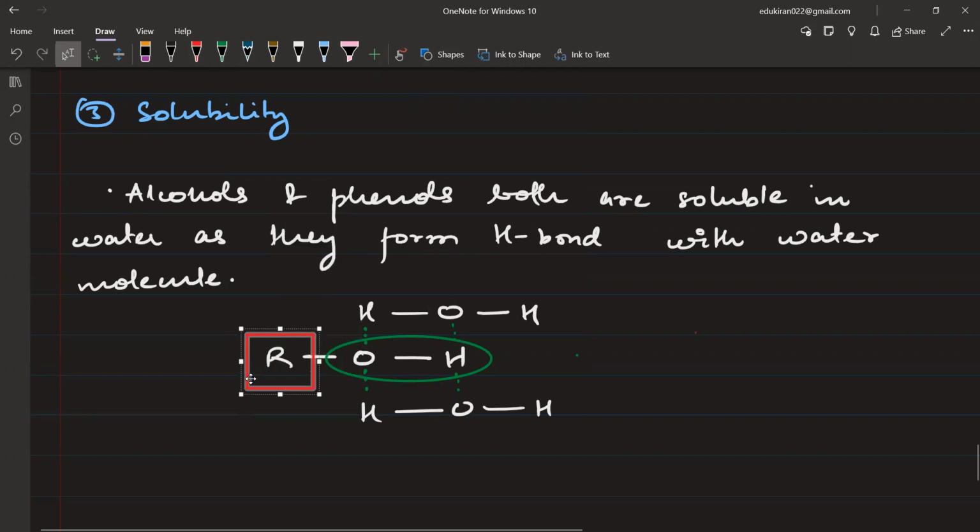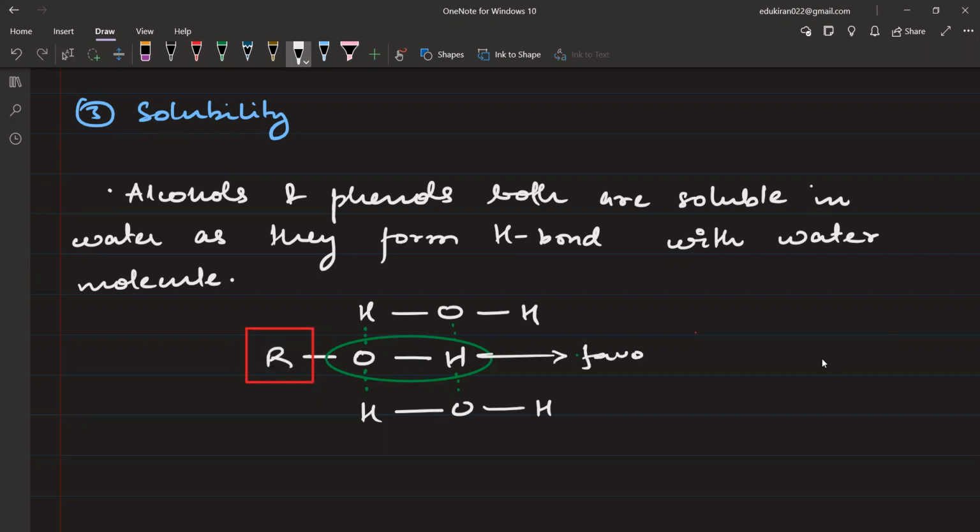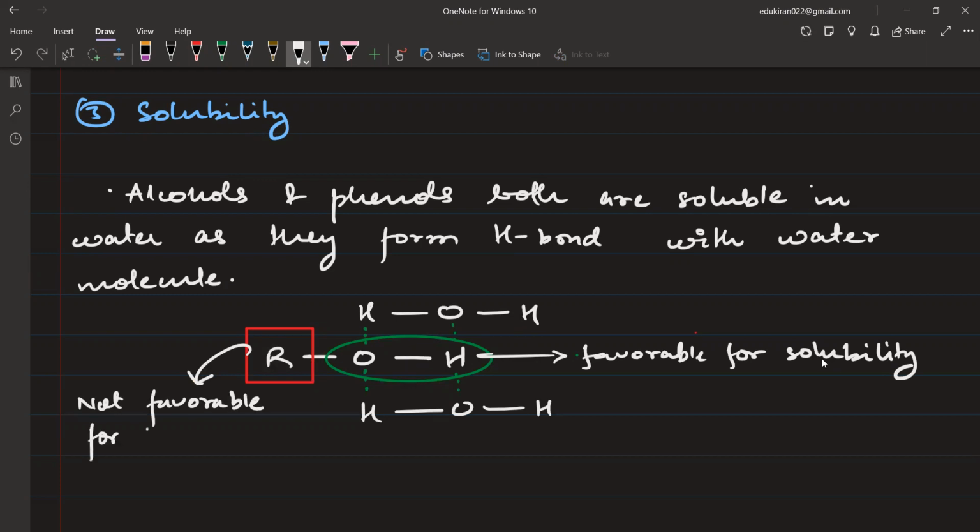So we have two parts in alcohol. OH part is favorable for solubility, and this R group is not favorable for solubility.